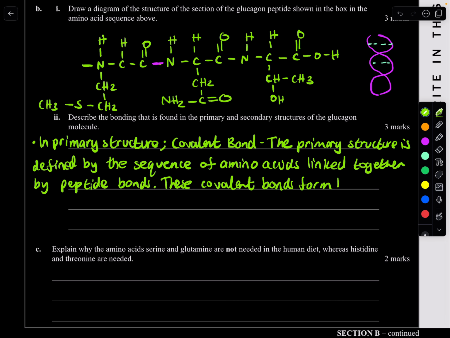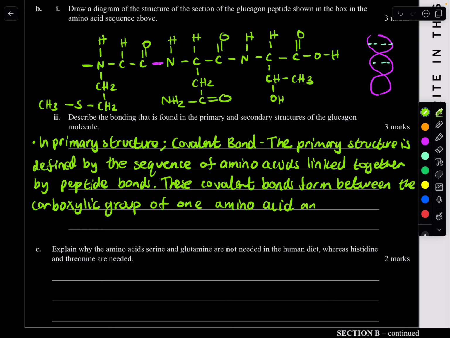form between the carboxylic group of one amino acid and the amino group of the next amino acid.